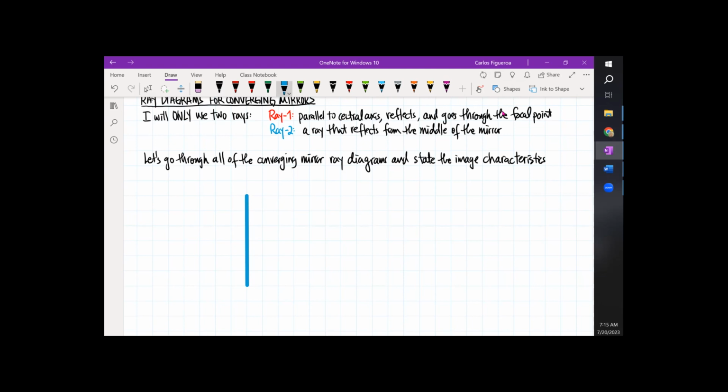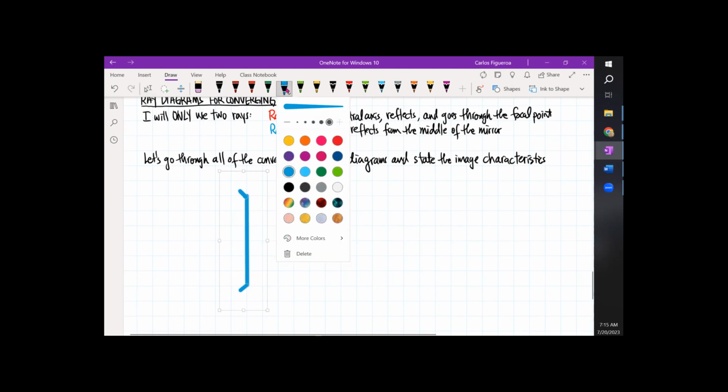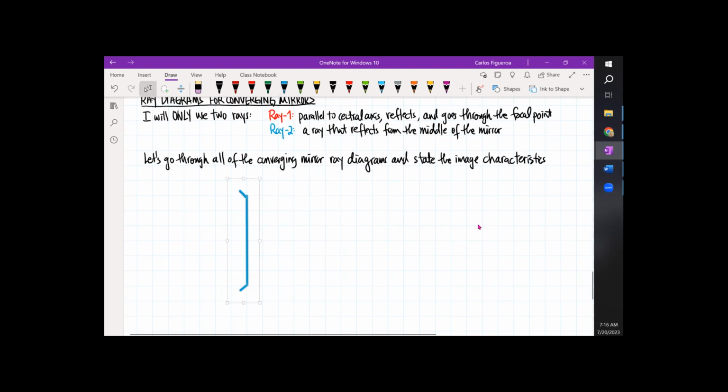Okay, good. So now I'm going to make this a converging mirror, so I'm going to add that little end right there. That's a little bit thick for me, so I'm going to make that thinner. So that's going to be my ray diagram right there.